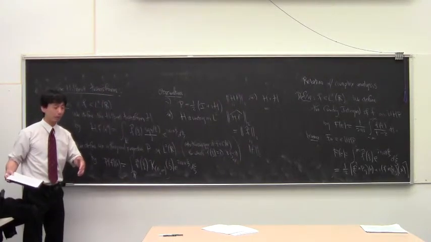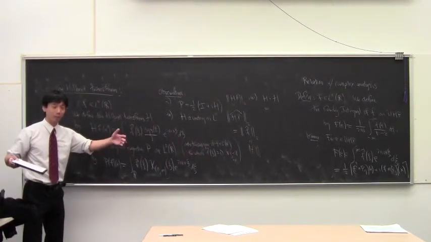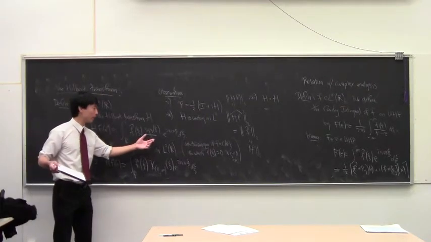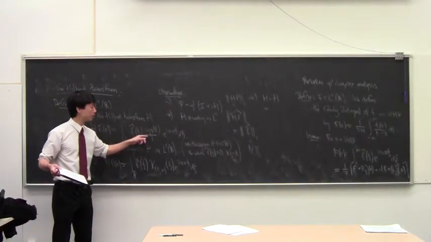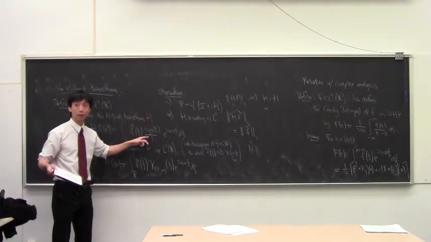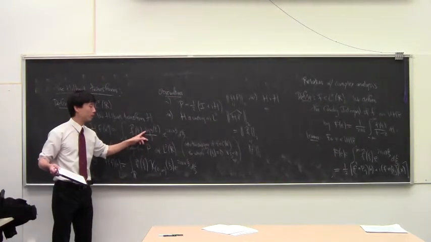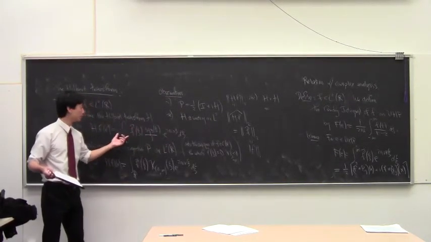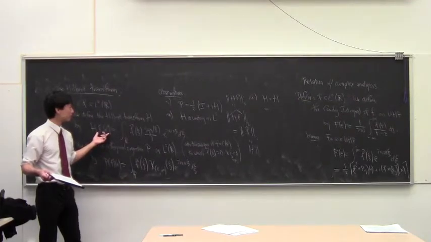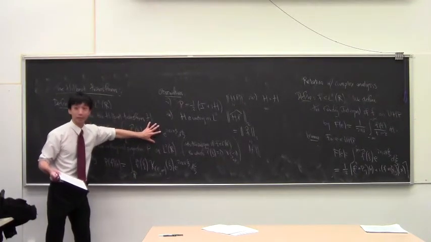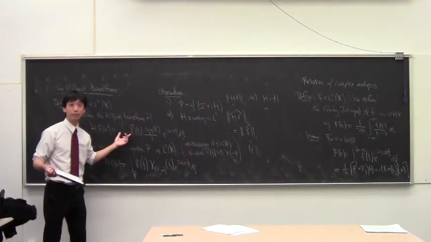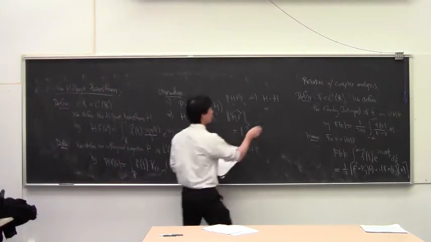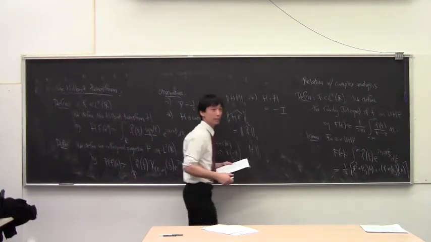So you take the Fourier transform again, multiply the Fourier transform by this again, so you're going to get -1. And you flip it back, and you just get -1 times the function itself. So H composed with H is just negative the identity operator.